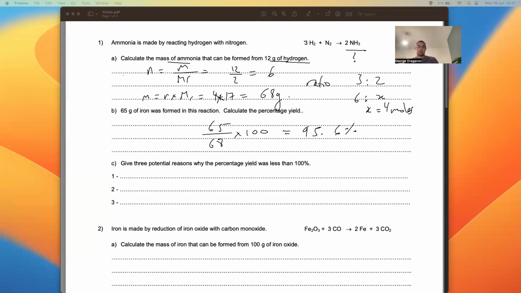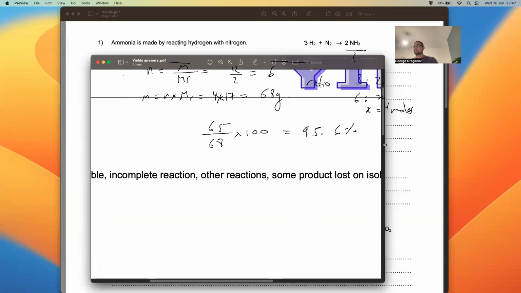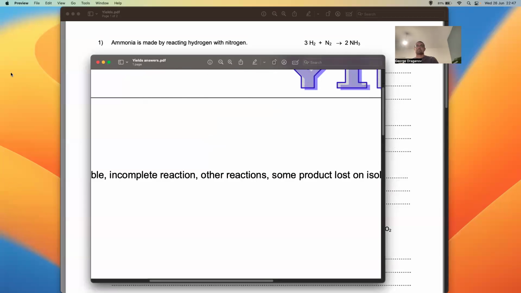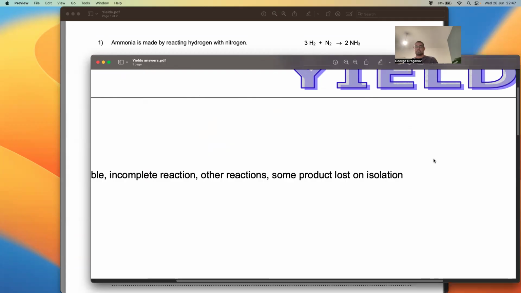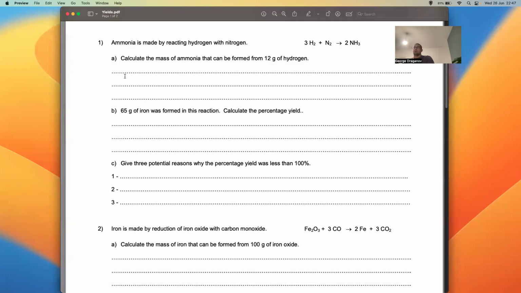I will show you these as per the mark scheme. Okay, reversible reaction, incomplete reaction, side reactions, product lost on separation. Just learn them. I suggest you just practice the rest of this worksheet, because you'll get good at reacting masses and you'll be applying the percentage yield formula.